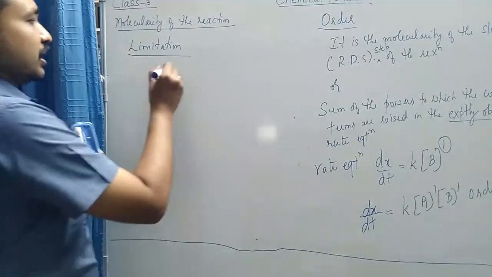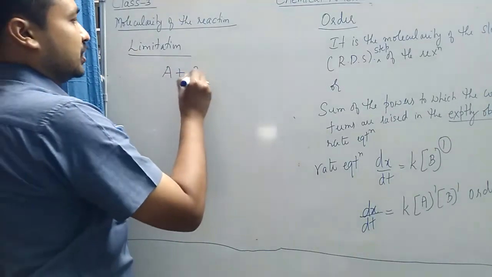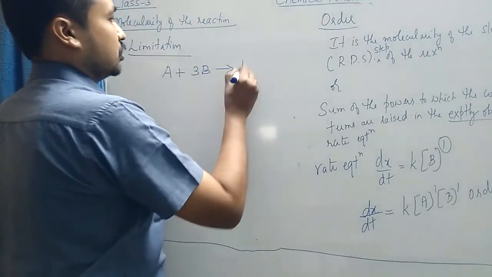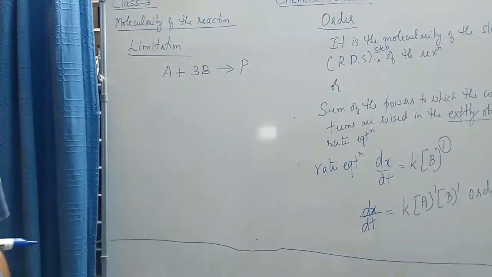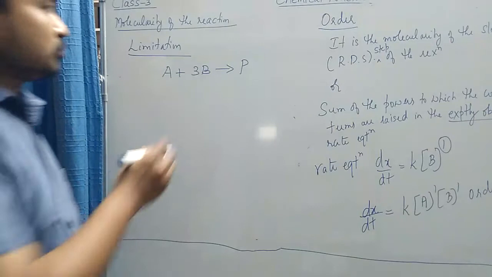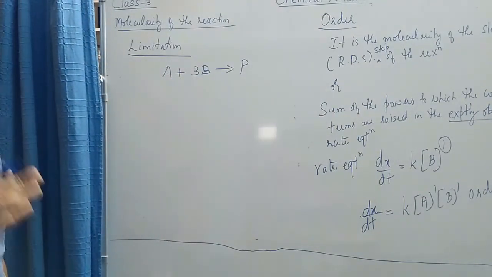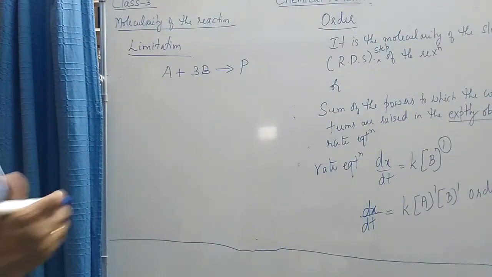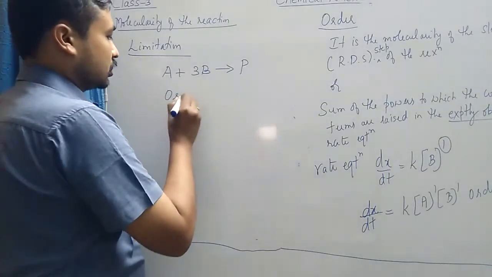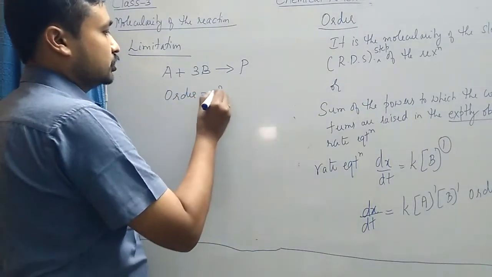Okay, suppose I have a reaction A plus 3B giving product. What is the molecularity of this reaction? The molecularity of this reaction is 4. But what we have observed is that the experimentally determined order is 2.